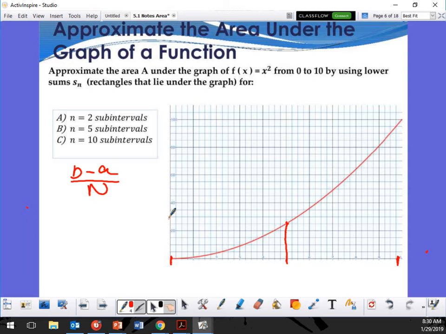So for my first interval, my width is 5, but what's my height? 0. So my area would equal 5 times 0 plus... Now, since it's left hand, this is my next rectangle here.